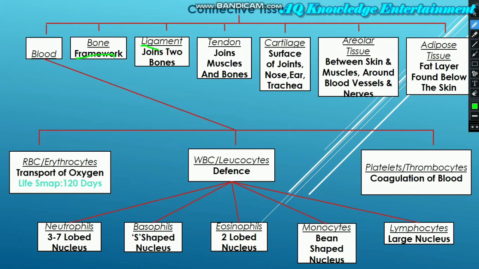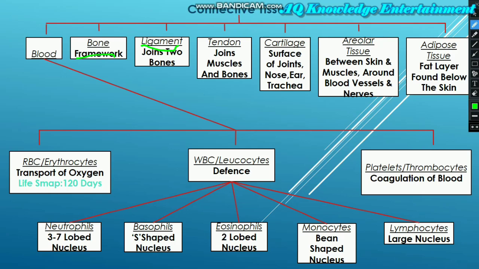Then the next one is the ligament. Now what are these ligaments? This is a tissue which is very elastic. It has considerable strength. So ligaments contain very little matrix. Now let me tell you what matrix is. Matrix basically means the material.